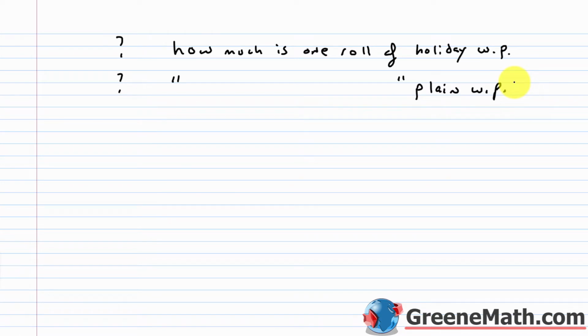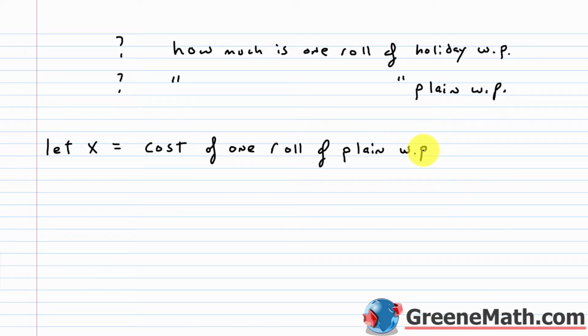So let's let X equal the cost, or you could say sale price, of 1 roll of plain wrapping paper. So I'm going to put W.P. for that, with periods just for abbreviation.